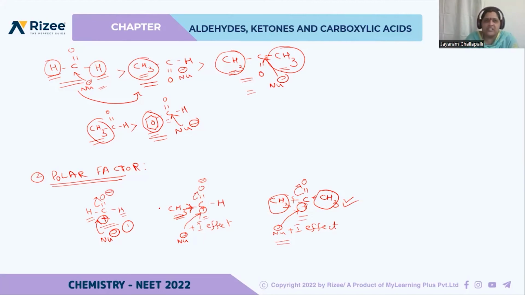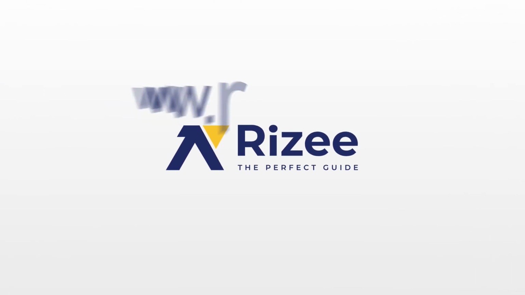Based on this, the attack of the nucleophile also decreases. Same as above, based on the polar factor also, formaldehyde is more reactive than acetaldehyde compared to this ketone. So based on these two things, we can say aldehydes are more reactive when compared to ketones, based on steric hindrance as well as the polar factor.